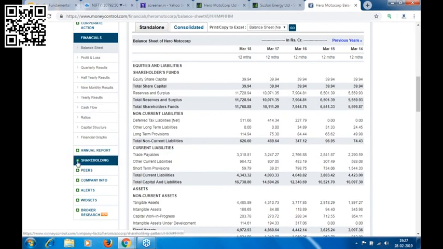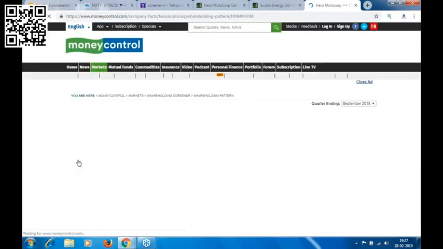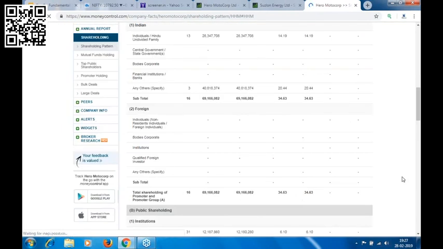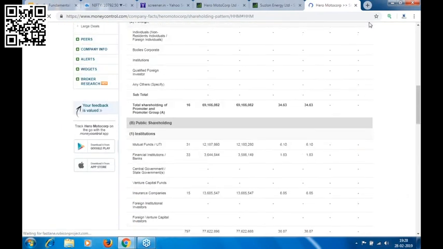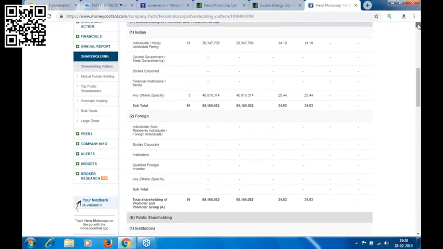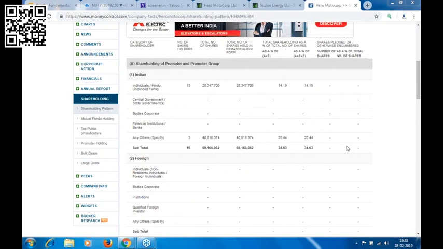And if you want to see the shareholding pattern, let's look at the shareholding pattern of the company. This will give you the detail of the shareholding pattern of the company. What is the promoters' holding? How many institutions or how many mutual funds are there? As you can see over here, shareholding of promoters and promoter group.